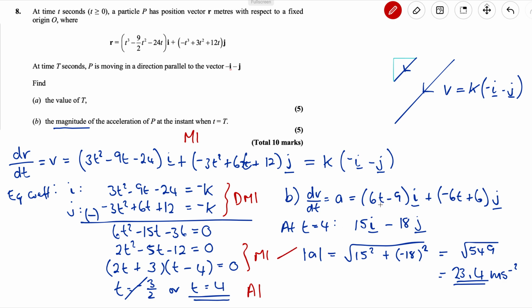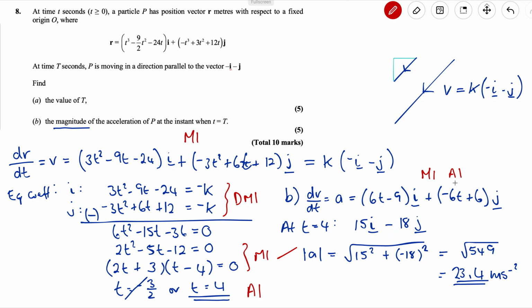In part 2, there's a method mark for clear use of differentiation to find an equation for acceleration, and an accuracy mark for all terms correct. So for the method mark, all terms must be included, but there may be some sign errors or some coefficient errors.